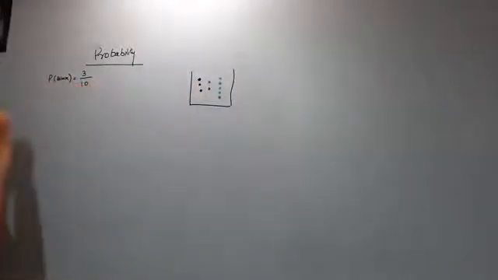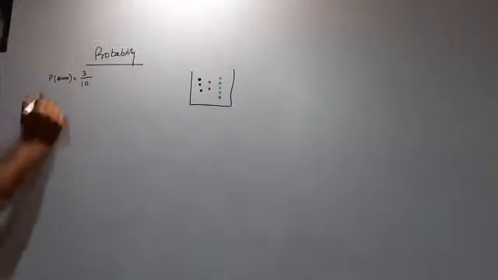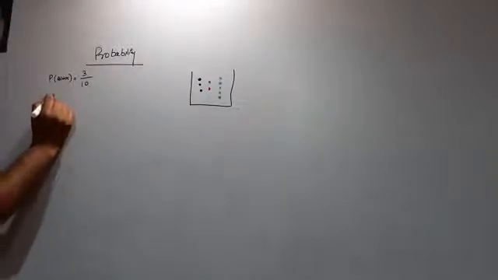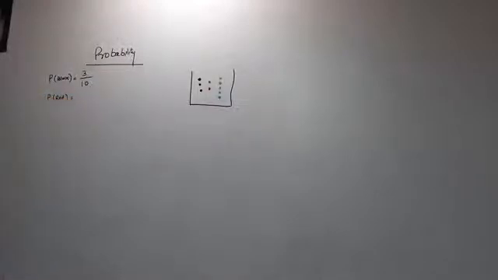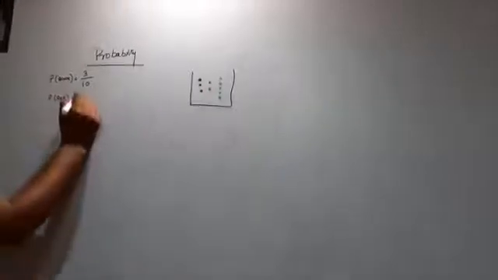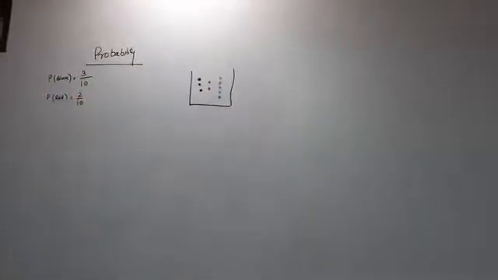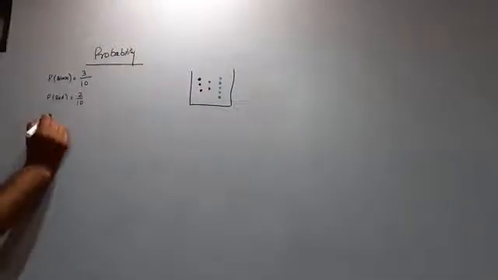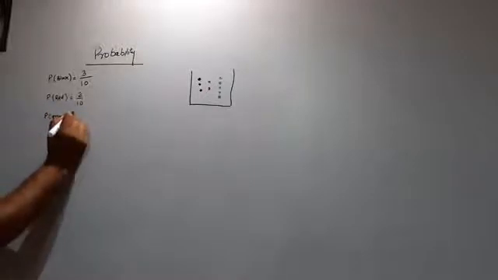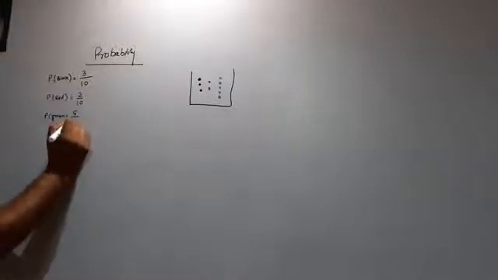So probability of getting black ball will be 3 by 10. Similarly, probability of getting red ball will be 2 by 10. And probability of getting green ball will be 5 upon 10.